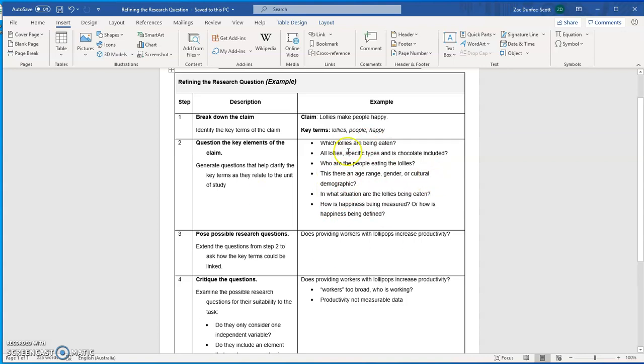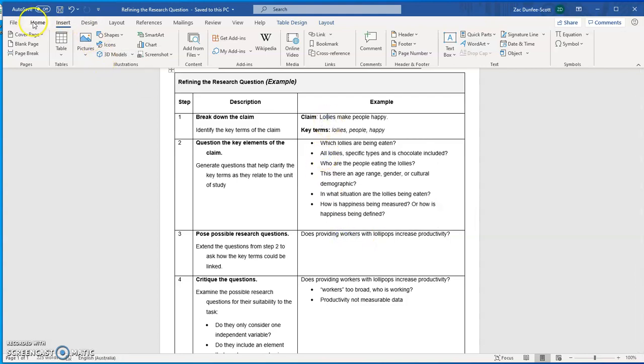In this question, the key word here is workers, that's the people. The claim says lollies make people happy, and we asked in our questions, which people? Then we've gone here with workers.